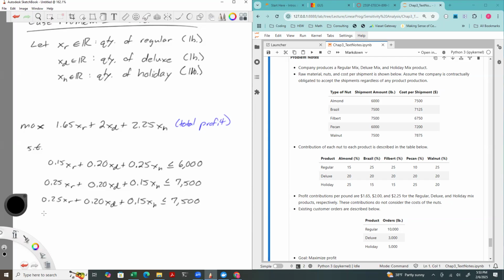0.10 x of r, 0.20 x of d, 0.25 x of h, less than or equal to 6,000. 0.25 x of r for the walnut is now what we're on. 0.20 for the deluxe, and 0.20 for the holiday.